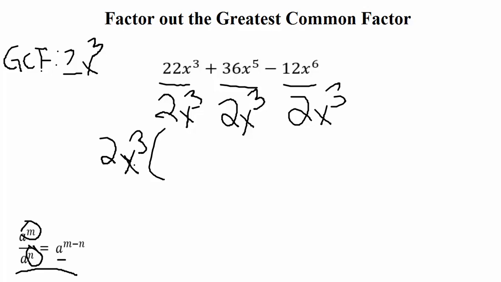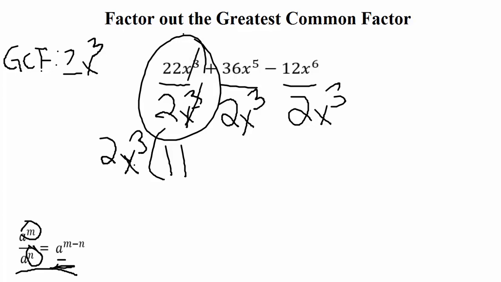So we're dividing it out of each term, and we need to carry out these divisions. Taking a look at our first division, 22 divided by 2 is 11. And looking at our variables, x cubed over x cubed, those cancel out. We have the same thing over itself, or using the quotient rule, 3 minus 3 would give us 0.